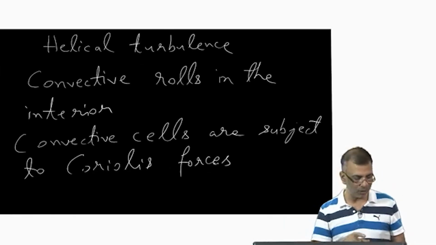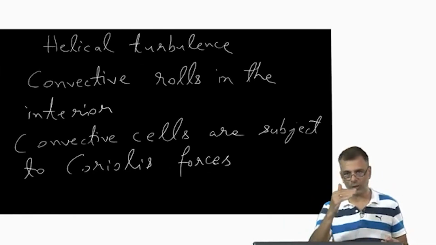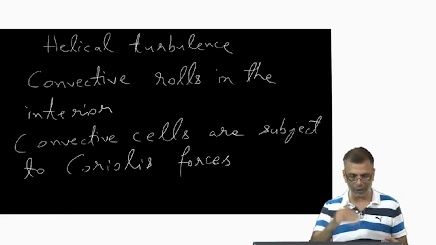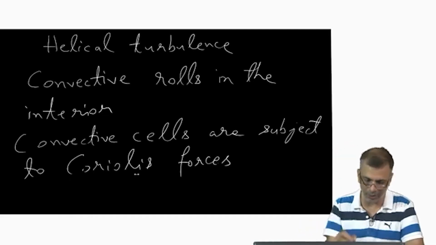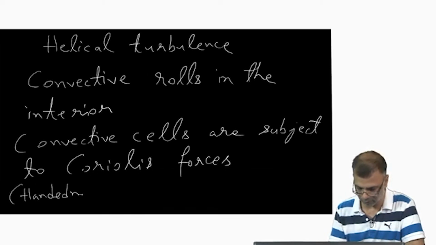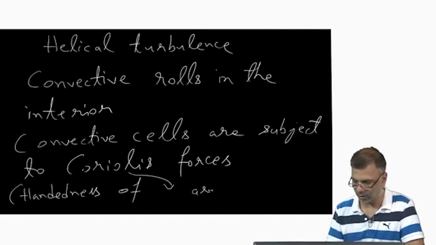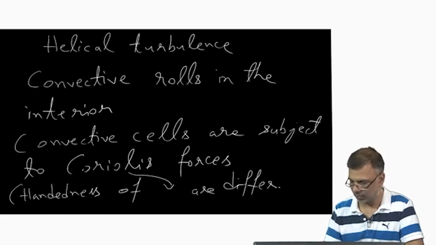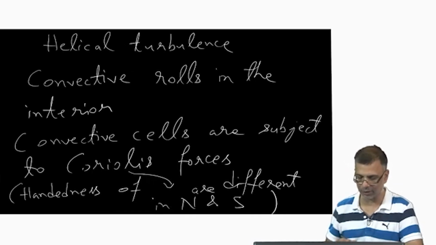So the handedness of the Coriolis forces is different in the northern and southern hemispheres.